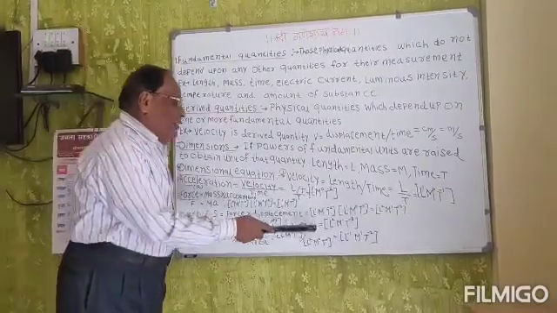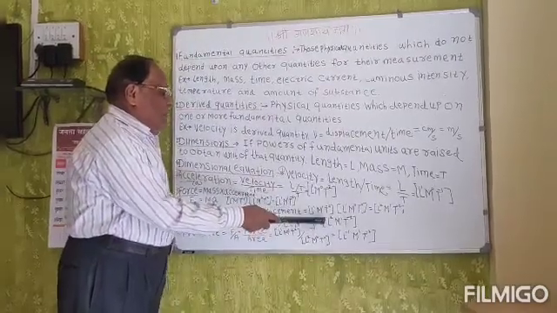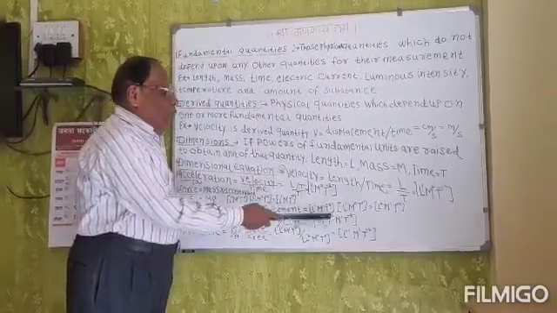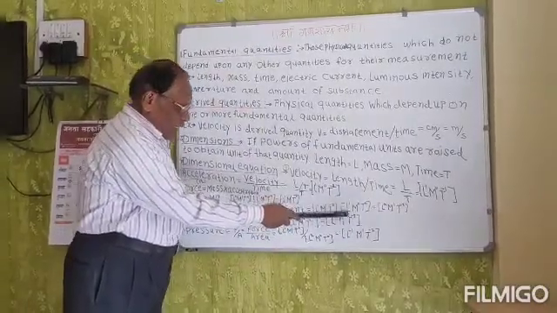Simplifying, we get, in square bracket, length to the power 2, mass to the power 1, and time to the power minus 3.